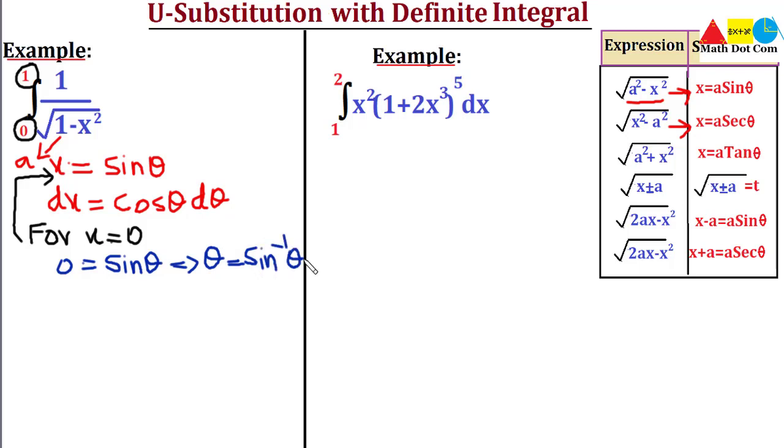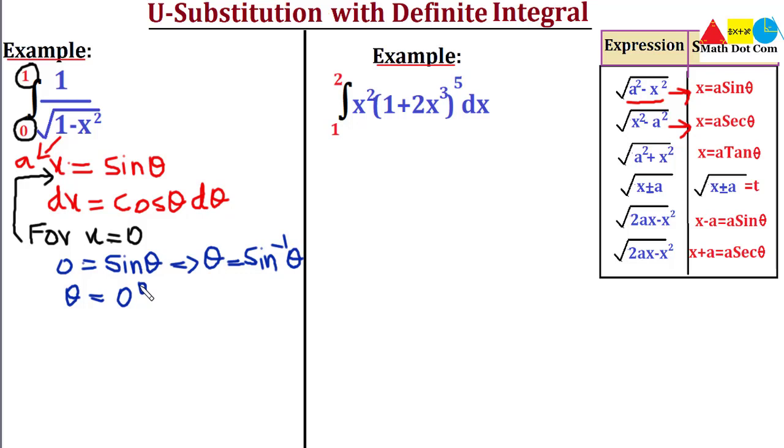As we already know, sine 0 is 0 and sine 90 is 1. So from that information, we can easily write theta is equal to 0 degrees. So here we have to replace the 0 with 0 degrees.